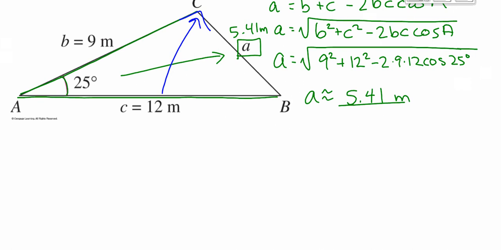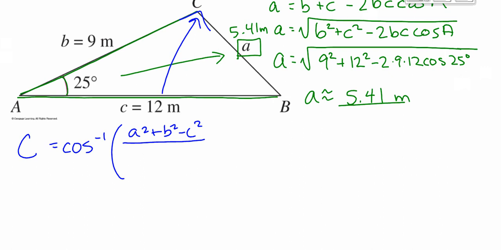And if I stay with the law of cosines, instead of deferring to the law of sines, I'll get the right one for sure. So capital C equals the inverse cosine of a squared plus b squared minus c squared all over 2ab.